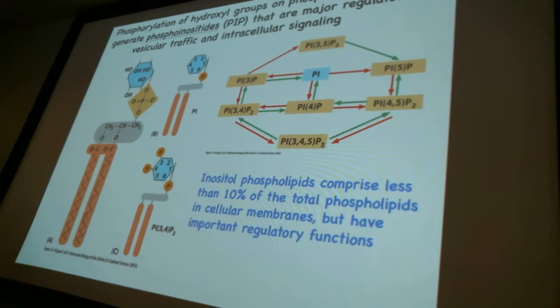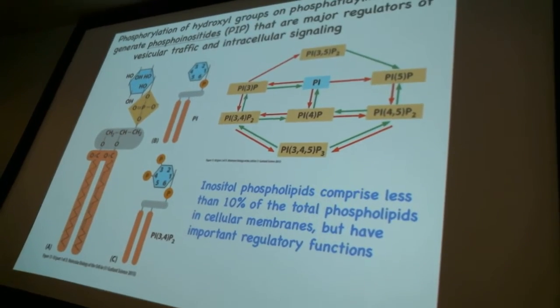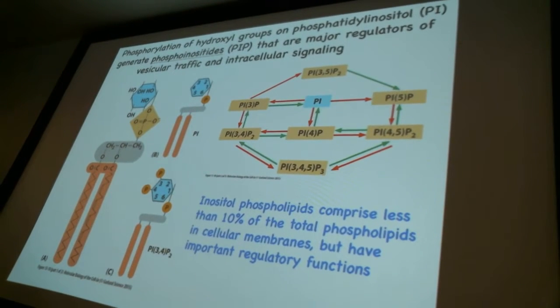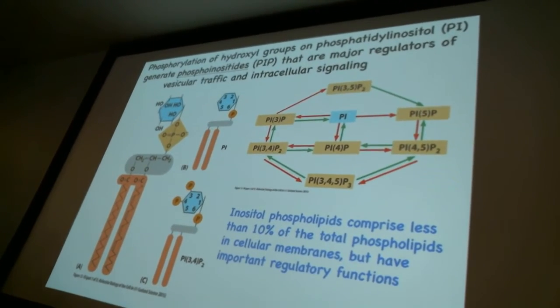What these numbers mean is that between brackets is the position on the inositol ring in which the phosphate is added. And then this subscript here is how many phosphates were added to the original form, that has only one phosphate. So this is really a very dynamic and versatile way in which the cells can very rapidly add or remove phosphate. And this is known to be an important signaling mechanism.